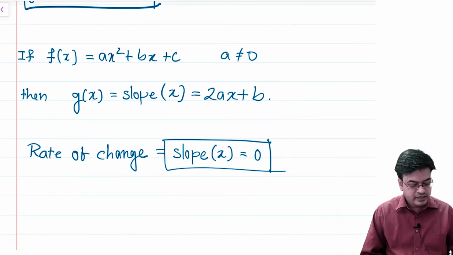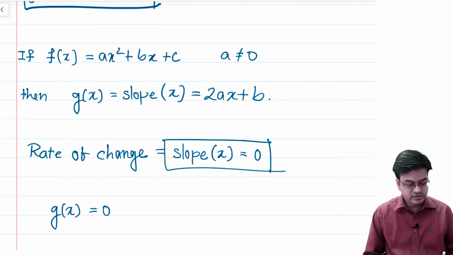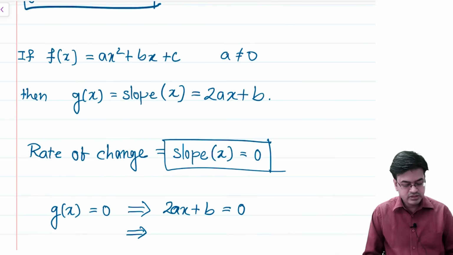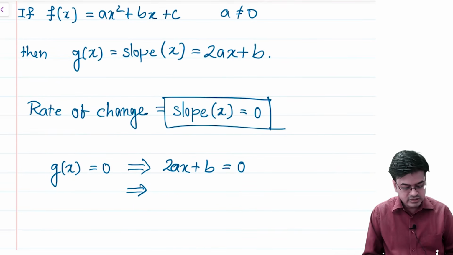So let us say g(x) in this case is equal to 0 for some x. So what is that x? You can check it. That means this 2ax plus b is equal to 0, which essentially means x is equal to minus b by 2a.